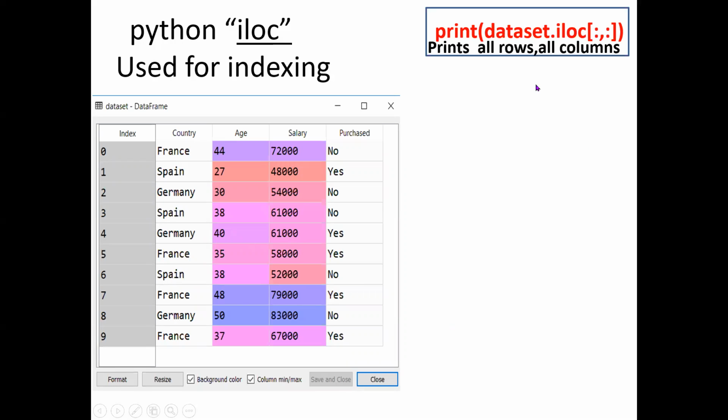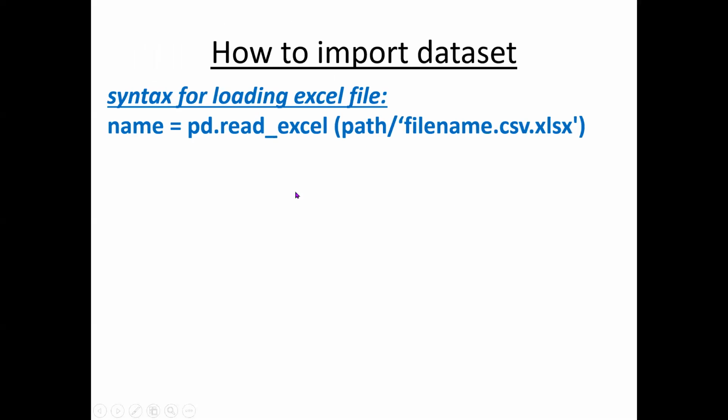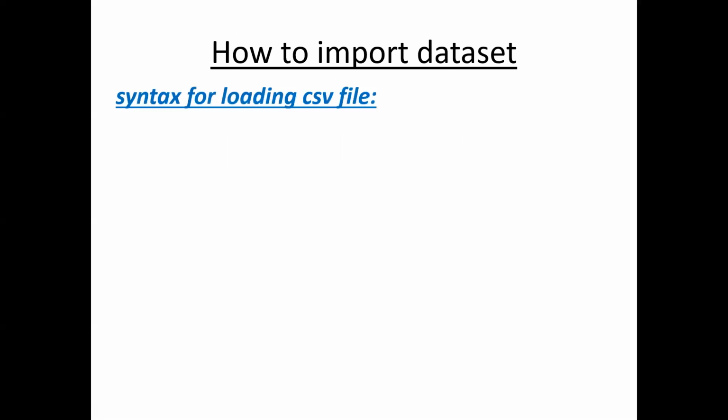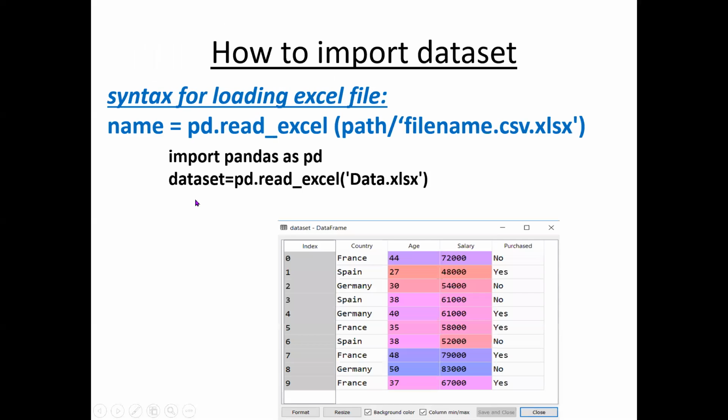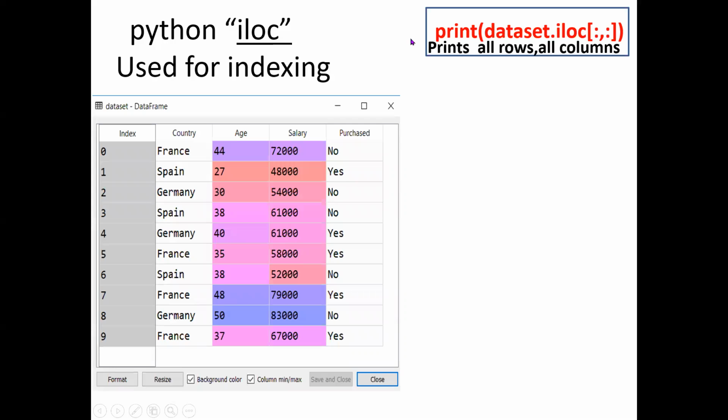The syntax used is dataset dot. What is this dataset? Simply, it is a variable. Consider the syntax which I showed you earlier, name. So assume that in the place of name, I am using the word dataset. Okay. So now dataset dot iloc of colon comma colon.